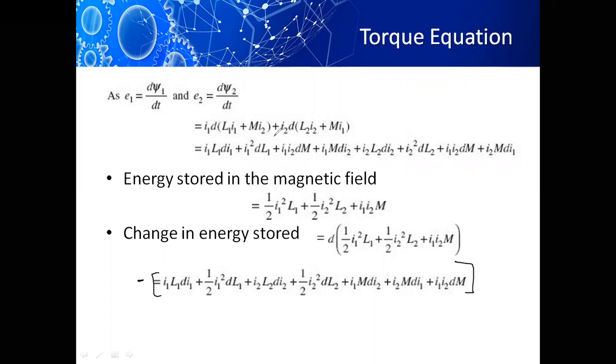I'll cancel out like terms. I have I1 L1 dI1 and I1 L1 dI1, so I can cancel it out. I1 square dL1: here I have half I1 square dL1, so when I subtract these two, I'll be left with half I1 square dL1.